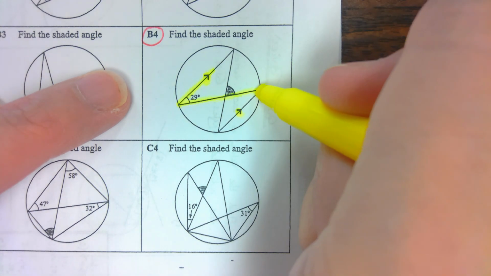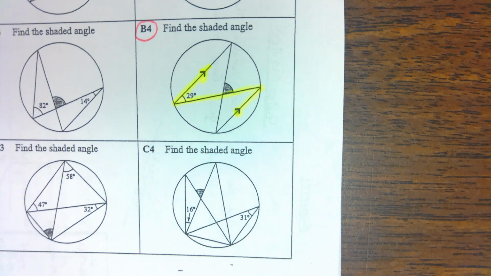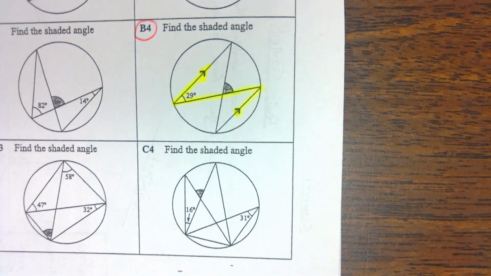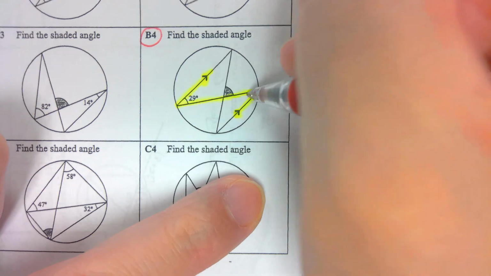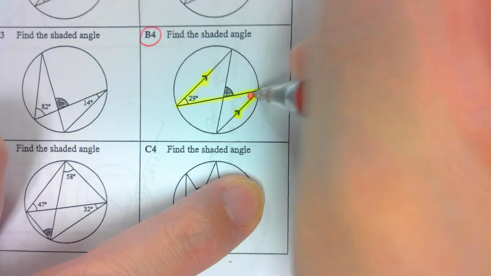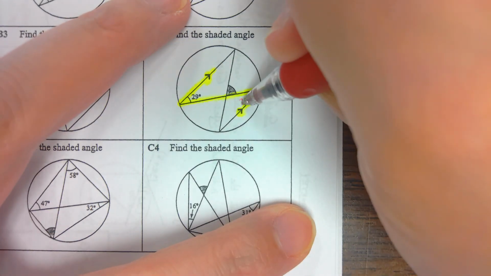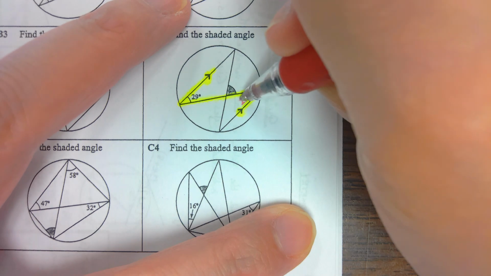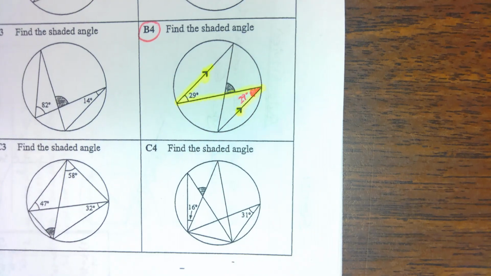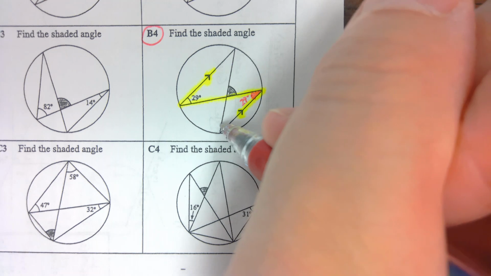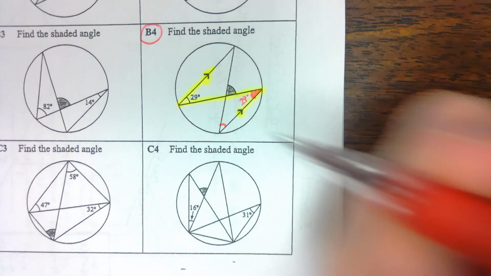I can do this backwards Z. This backwards Z tells me that this is 29. That means this right here is also 29. So that's 29 right there. What about this angle? How do I know what this angle is?